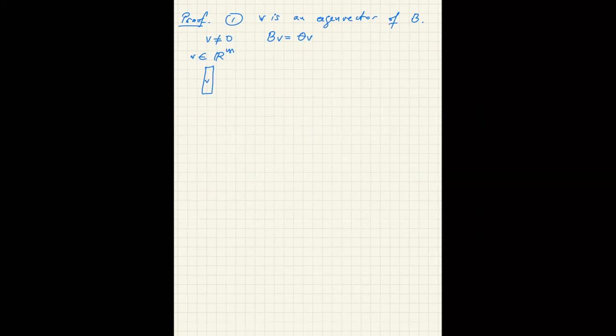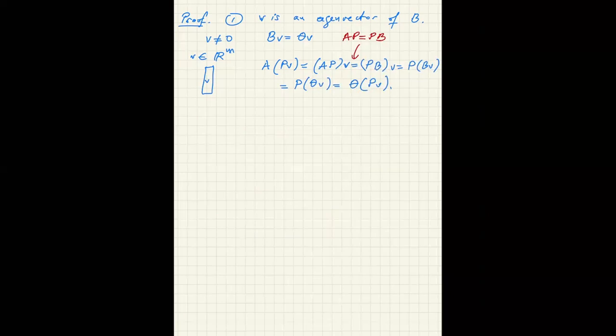So we do this calculation, A times PV. I'll tell you in a second what PV will look like. This equals AP times V, and we use again the equation that AP equals PB. This is the key everywhere. It becomes P times BV, and that's P times theta V, and then that's theta times PV.